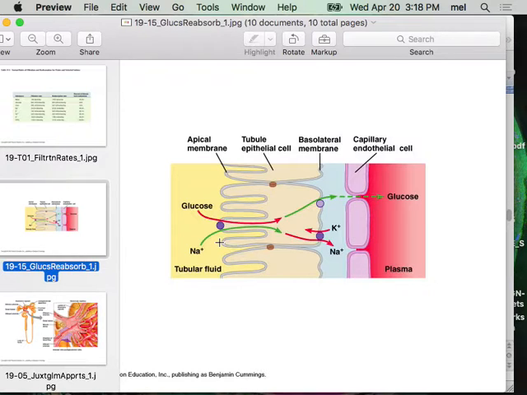So if it got full and I couldn't do any reabsorption, then I end up dumping it into the distal convoluted tubule and ultimately the collecting duct. And as it's moving through the distal convoluted tubule and the collecting duct, because I couldn't reabsorb it because of the saturation of my carriers, what happens to water as it moves through the tube?